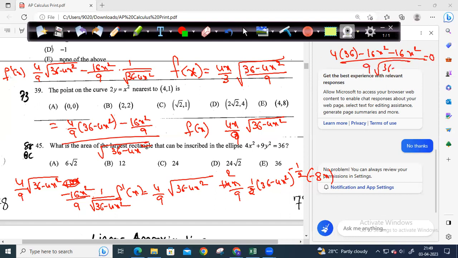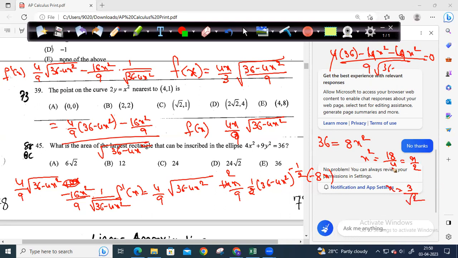This should be equal to 0, so the numerator should be equal to 0. Take 4 common, so 36 is equal to 8x square. X square is 36 by 8, which is 9 by 2. So x is equal to 3 by root 2.